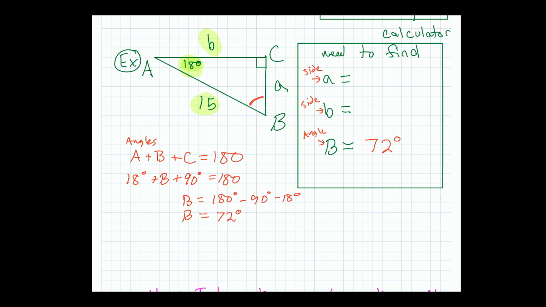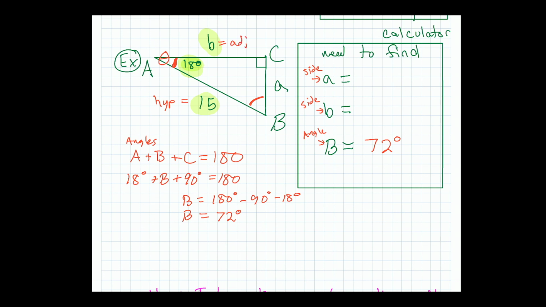Now, in terms of this angle, if this is the angle theta, I know it's A, then what are sides B and 15 in terms of opposite, adjacent, and hypotenuse? For A, this is the hypotenuse, and this is the adjacent side.